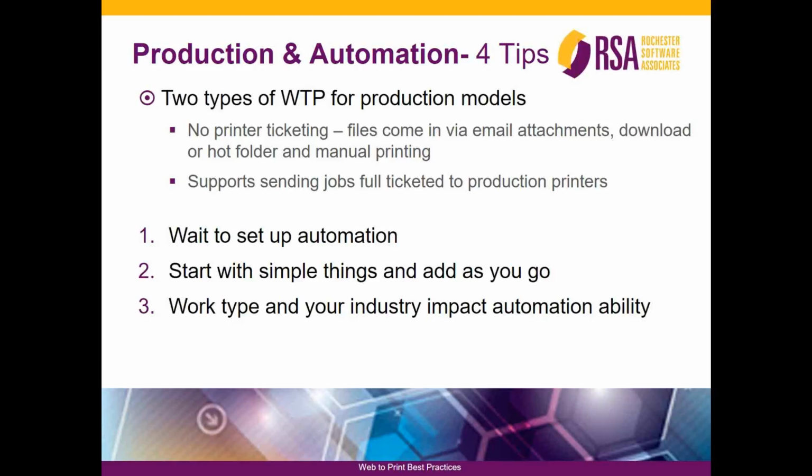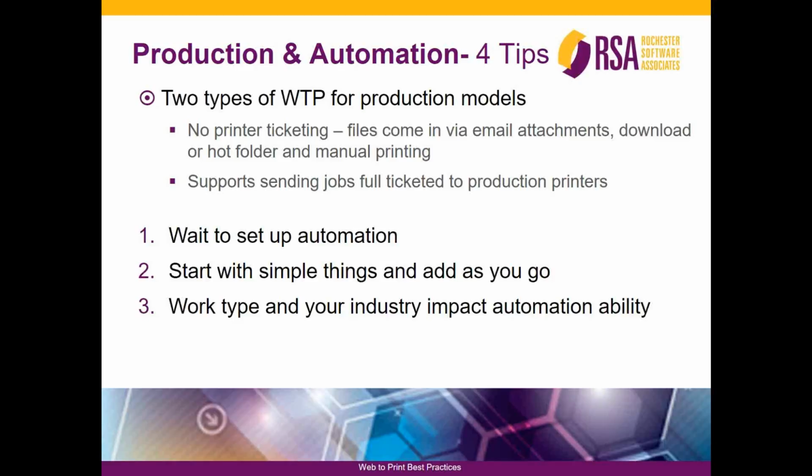So wait a bit, make sure you understand how everything works, and then start setting up automation. Start with the simpler things and then add as you go. You can do the simple work that you get all the time. That can just come out of the printer, and the first time you touch it is when it's coming off the output tray.